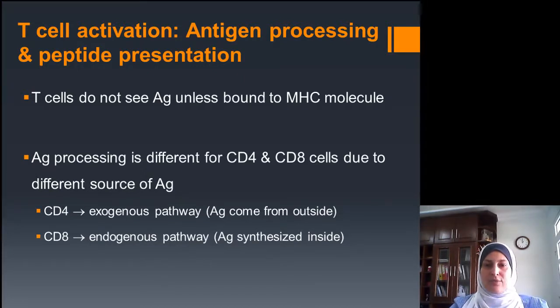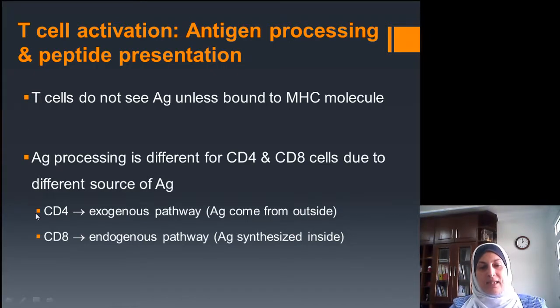If this peptide was floating next to a T cell, it would not be recognized. Processing of the antigen to be presented by the MHC molecule to be seen by the T cell is different between the CD4 and CD8, and this is because the source of antigen is different.